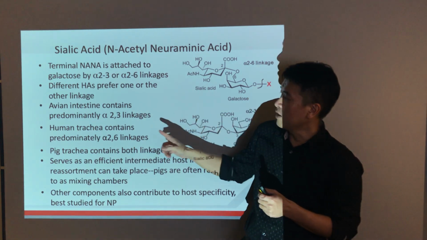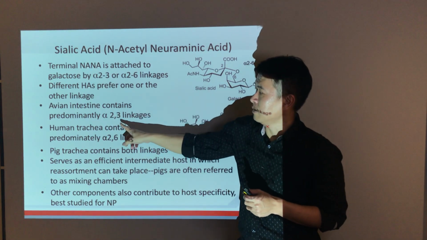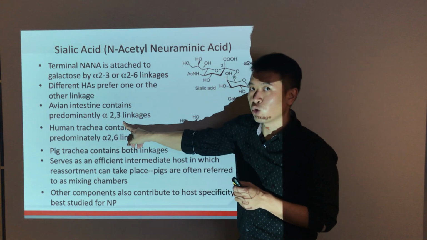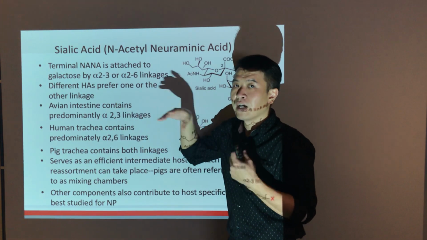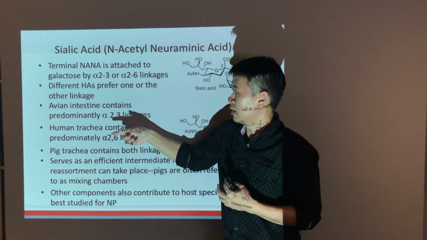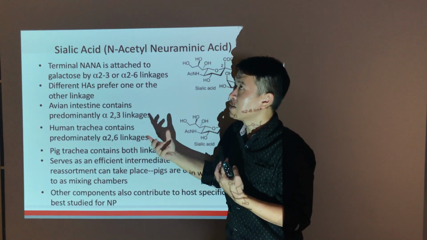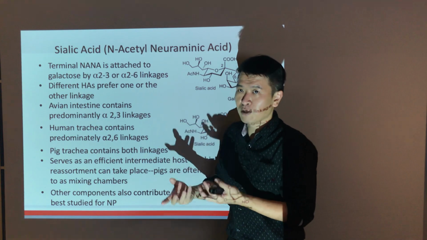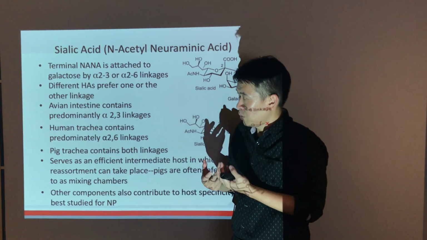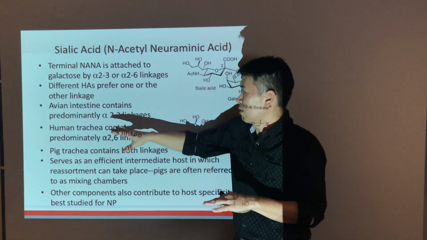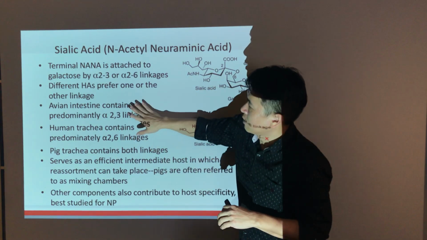In the avian intestine, they are predominantly 2,3. So this is where the influenza virus can infect the intestinal cell and replicate, and that's why, when the migratory duck or bird defecates, it releases all the virus in the feces.